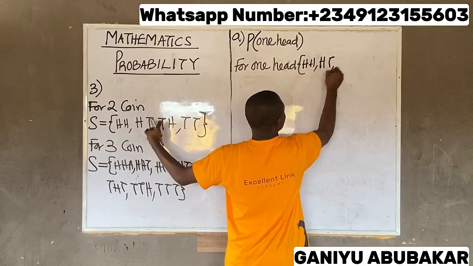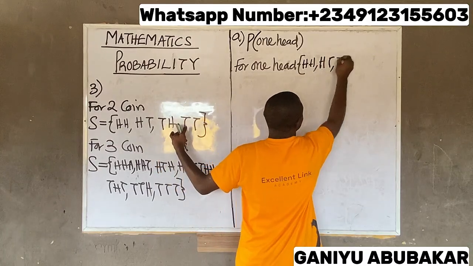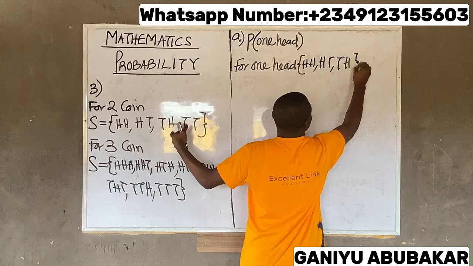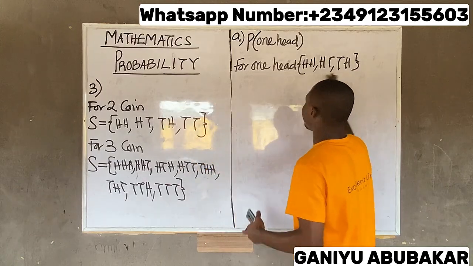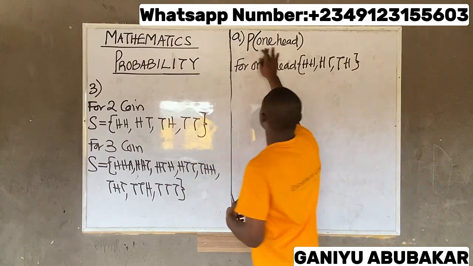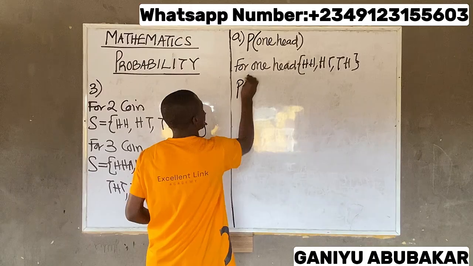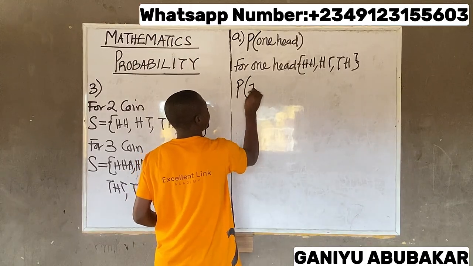Head-head has at least one head, head-tail has at least one head, and tail-head has at least one head. So there are three.